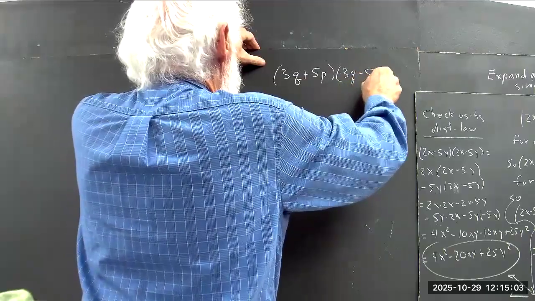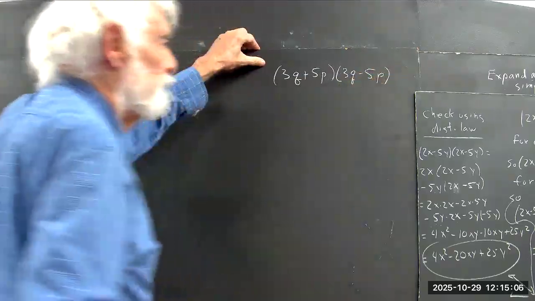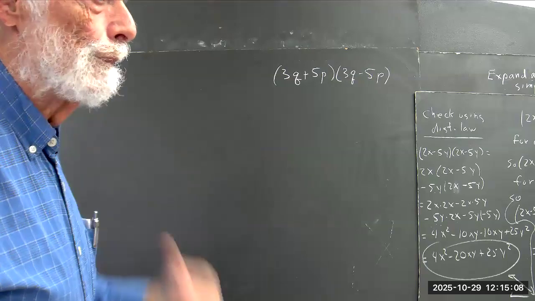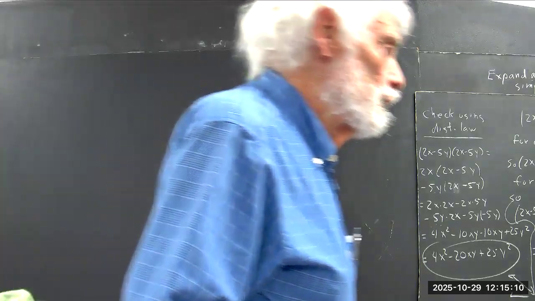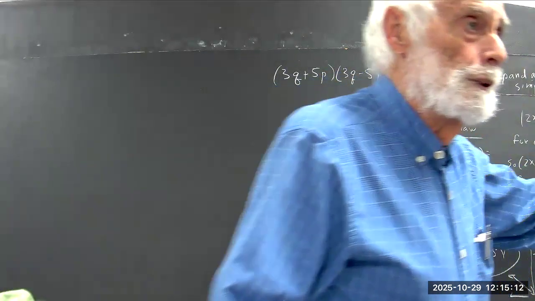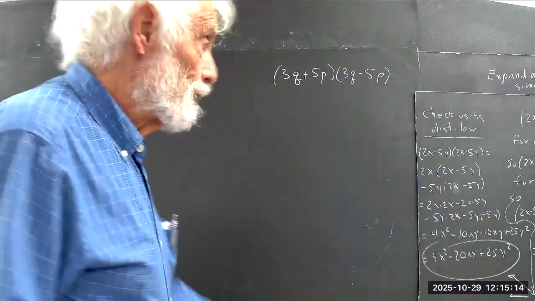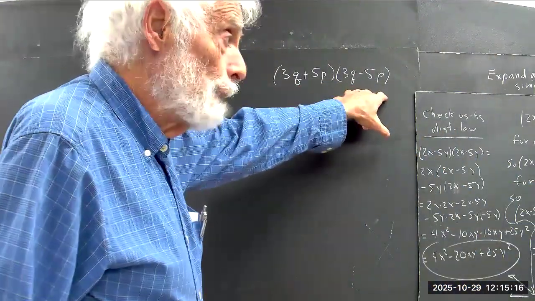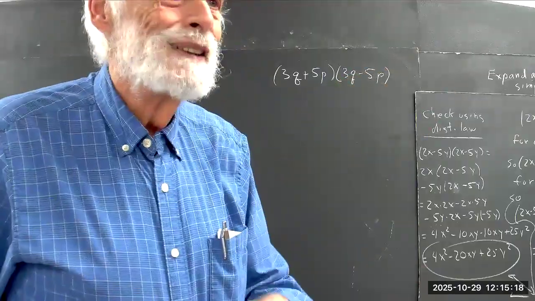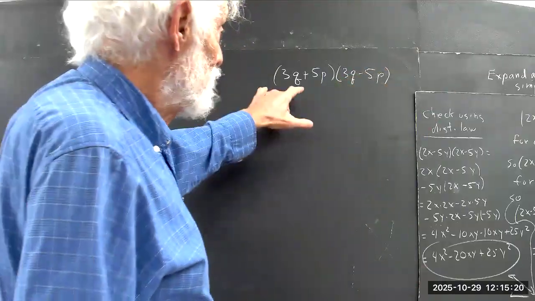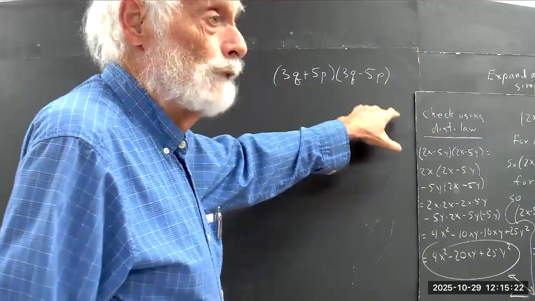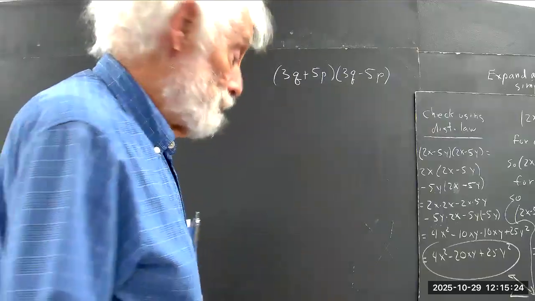Now, the formula you're going to use is the second one, A minus B times A plus B. Now, this happens to be A plus B times A minus B, but it's still going to be the same because it doesn't matter in what order we multiply these.